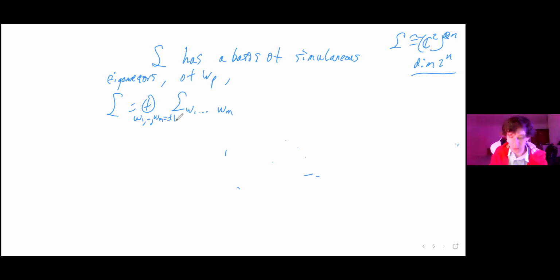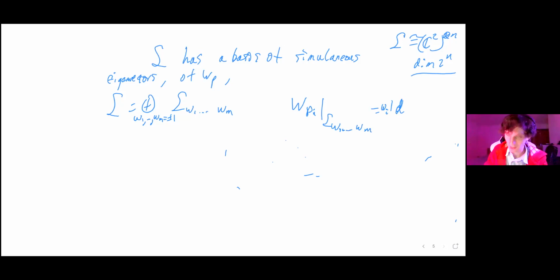So what I mean here is, say, L_{W1...Wn} means the subspace of L where, when we've numbered our plaquettes somehow, each plaquette acts on this space as W_i times the identity.